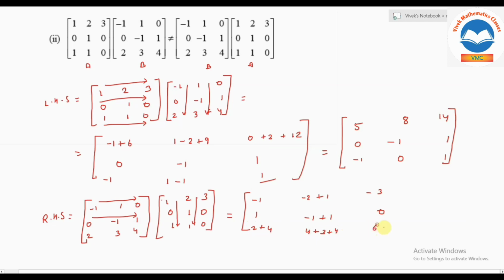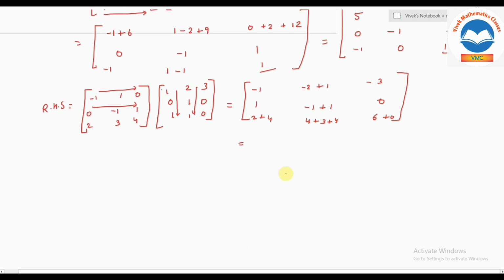So 2 into 3 will be 6, and others will be 0. So what we are getting? If we simplify this, we will get here as minus 1, here also minus 1 and minus 3, and next was 1 0 0, and here 6, 8 plus 3 is 11, and here 6.